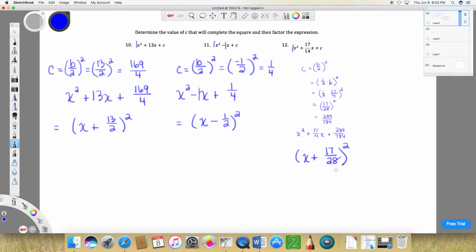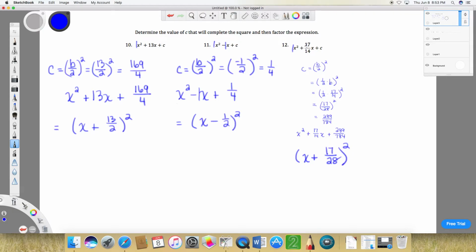All right, so hey, I hope that helps. Take enough time and effort to recognize and have faith in the technique and the formula of this b over 2 squared. Don't let the fact that b could be an odd number or could be a fraction frighten you and make you get a wrong answer. It's a number just like any other number.